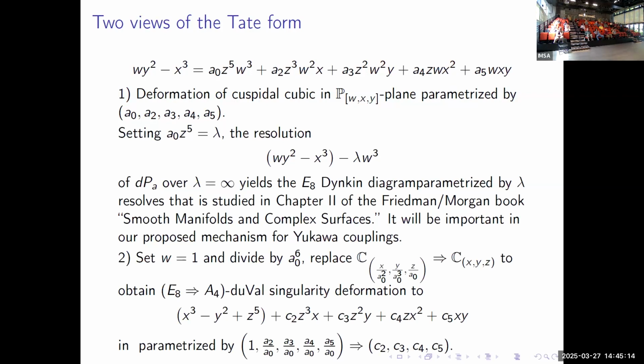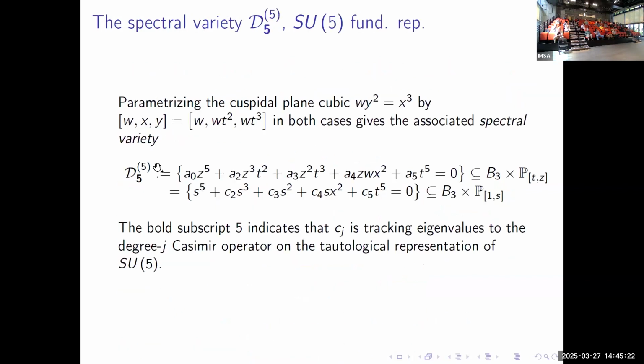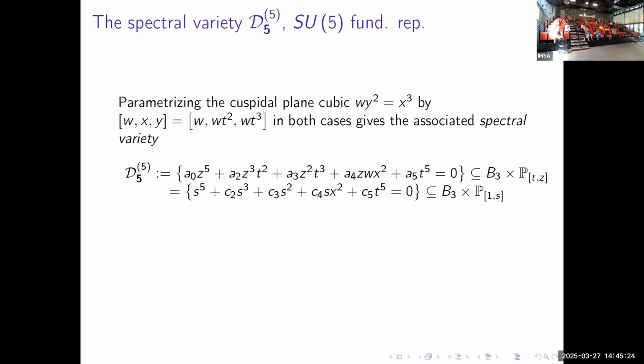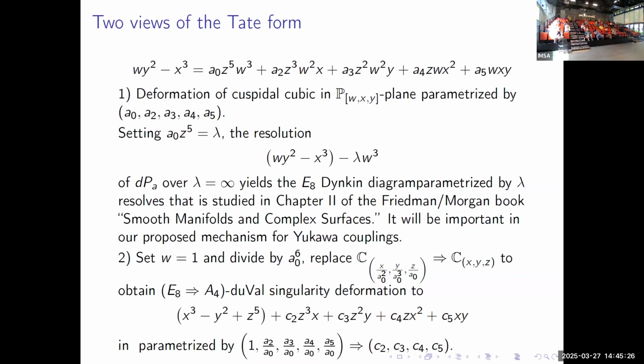So there are two views of the Tate form. The first one is the deformation of the cusp, okay? Parameterized by A1 up to A5.